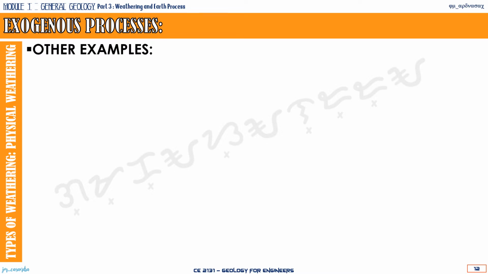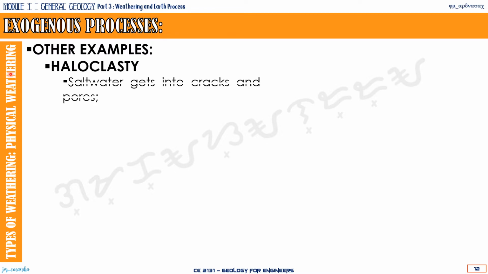So other examples of physical weathering would include what we call haloclasty. So this will now be in relation to salt water. So para siyang sa freeze-thaw, pero instead of yung normal water, salt water yung pumapasok doon sa crack and pores ng rocks ninyo.